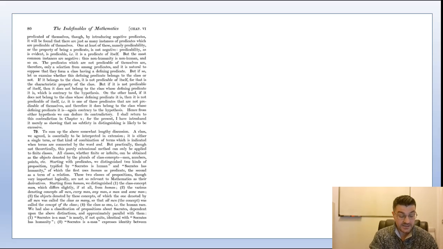On the other hand, if it does not belong to the class whose defining predicate it is, then it is not predicable of itself, i.e., it is one of those predicates which are not predicable of themselves, and therefore it does belong to the class whose defining predicate it is, again contrary to the hypothesis. Hence, from either hypothesis, we can deduce its contradictory. I shall return to this contradiction in chapter 10. For the present, I have introduced it merely as showing that no subtlety in distinguishing is likely to be excessive.